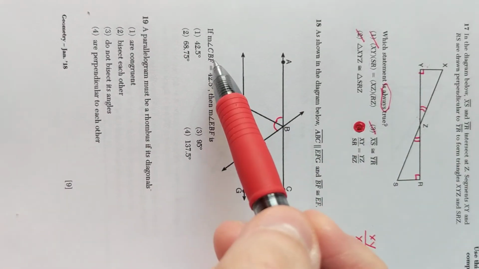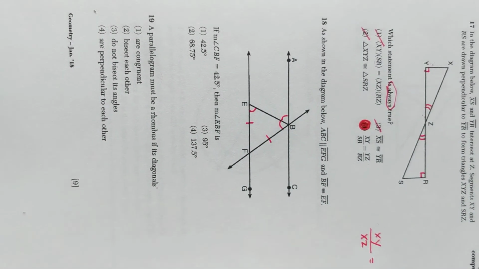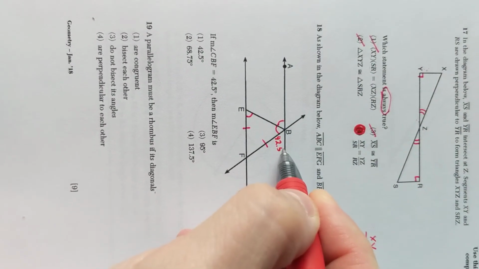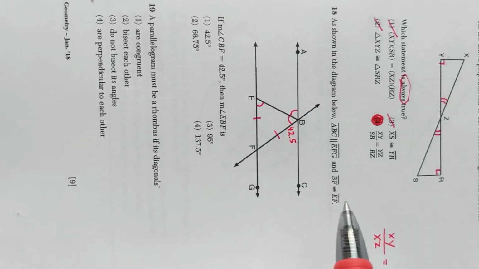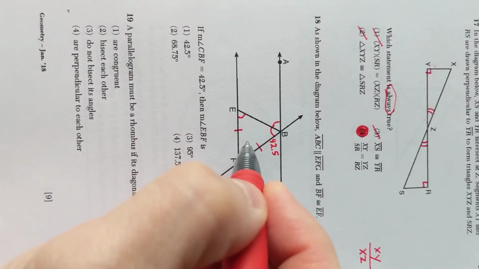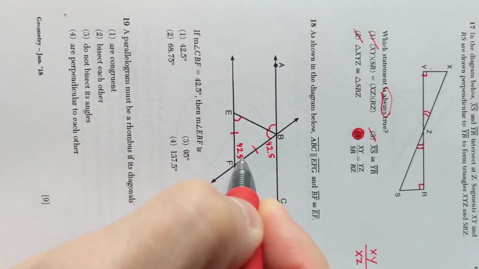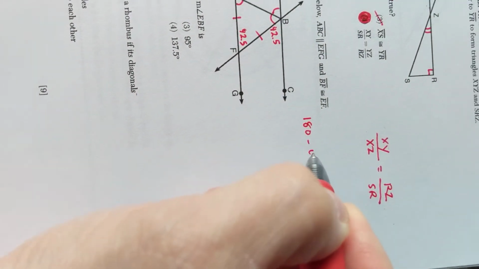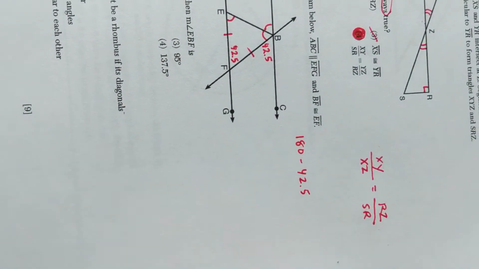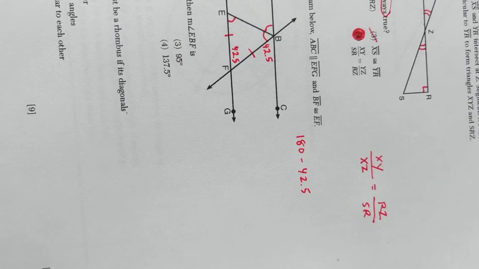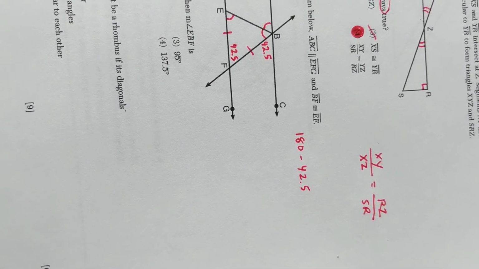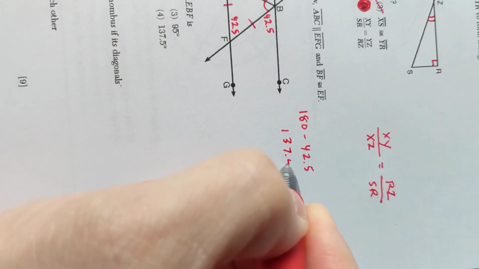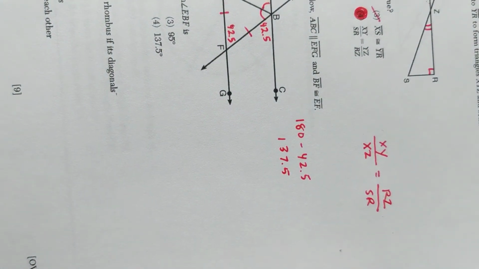Okay, so if the measure of angle CBF is 42.5 degrees, all right, so that makes this alternate interior angle 42.5 degrees. And so if I take 180 and subtract 42.5, I get 137.5, and the two remaining angles are equal, so I'm going to divide by 2.